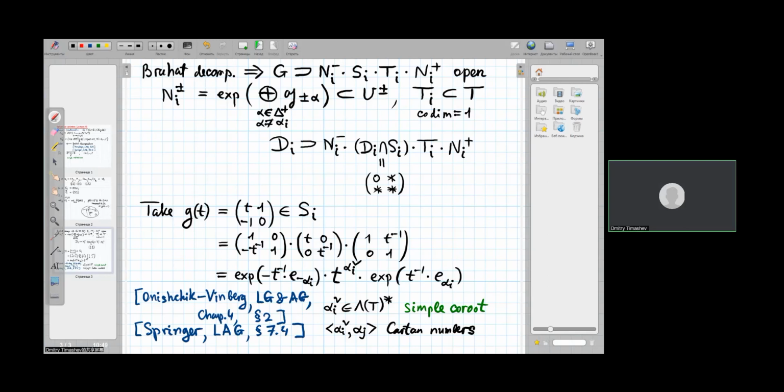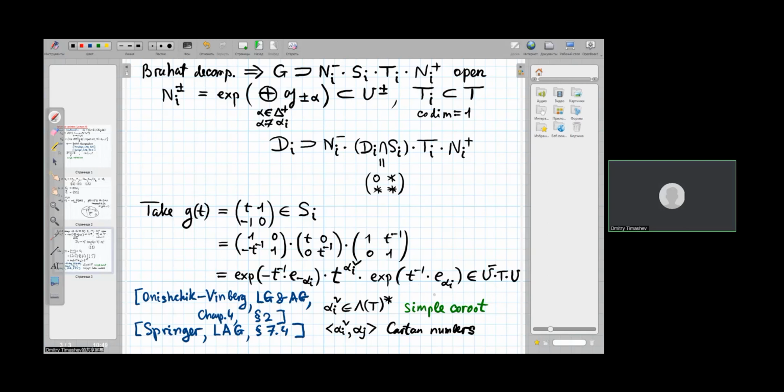So this is the presentation of g(t) in the big cell, in this product U minus, T, U, or U plus if you like. The presentation of g(t) in the big cell of G for non-zero values of the parameter.